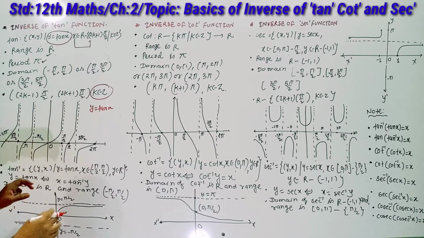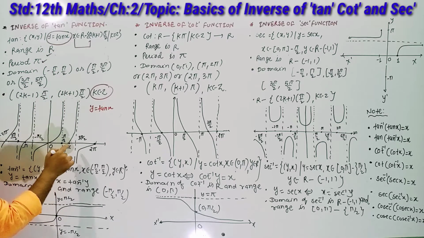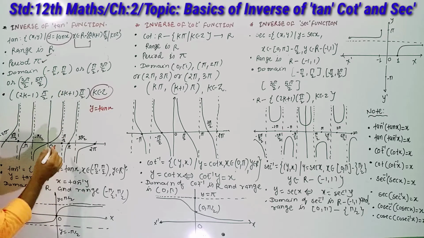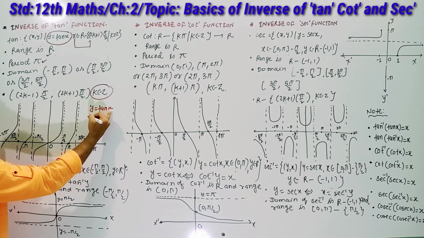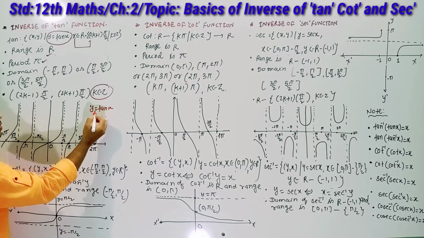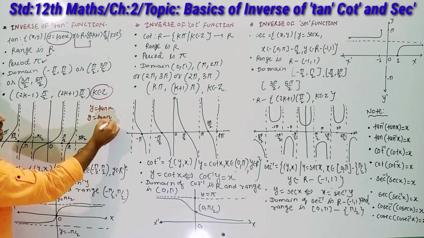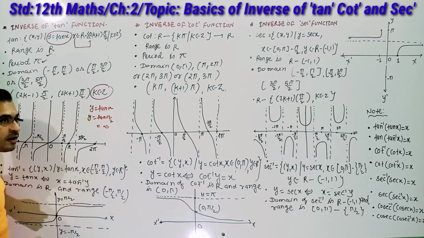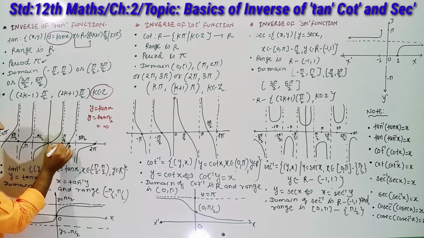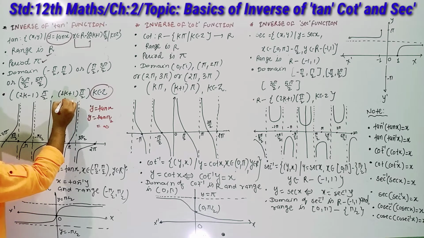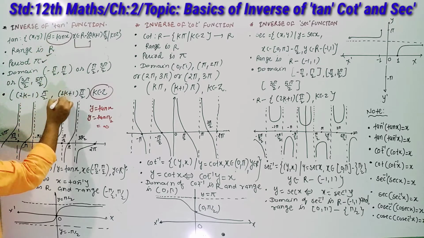If you take x equal to pi by 2, then y will be tan pi by 2. We know that tan pi by 2 is undefined. So at pi by 2 the graph is undefined.